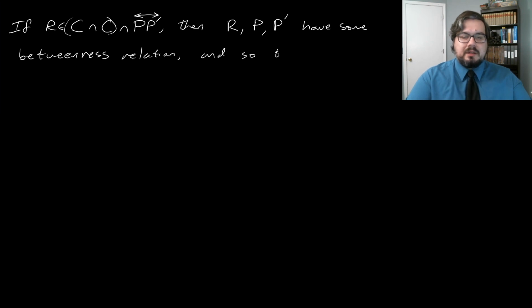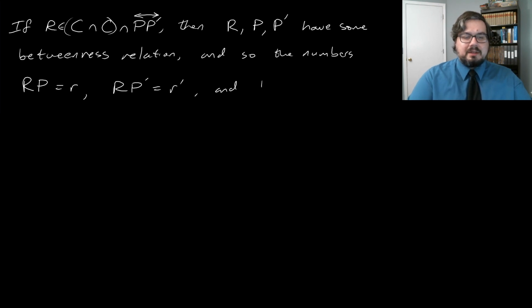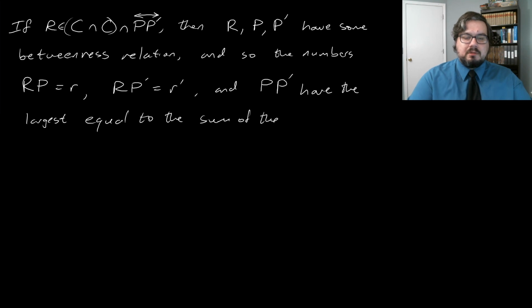And so the numbers RP, which is R, RP prime, which is R prime, and PP prime have the largest equal to the sum of the other two, I should say.